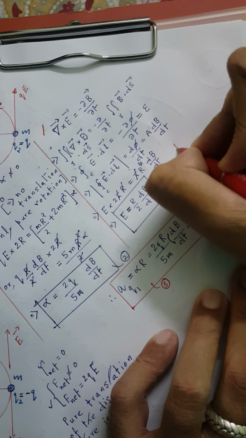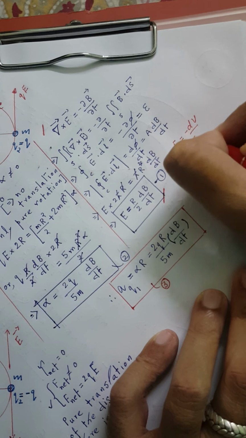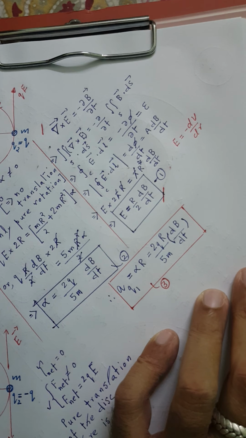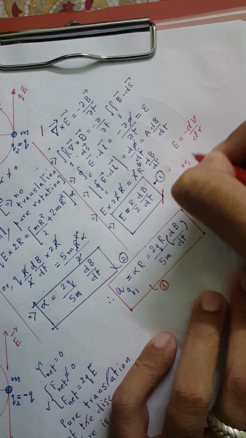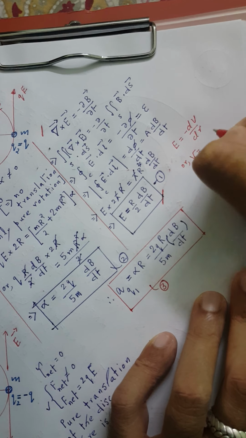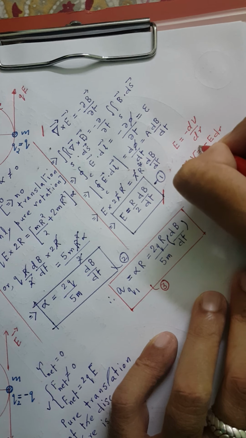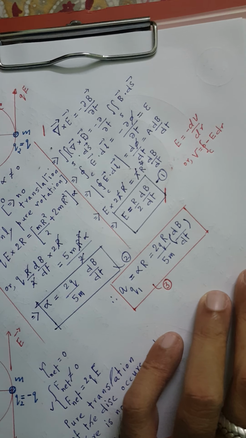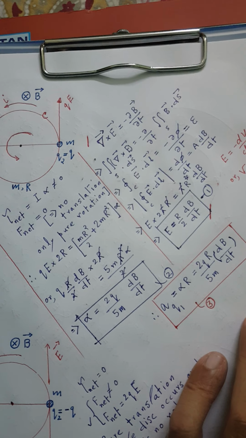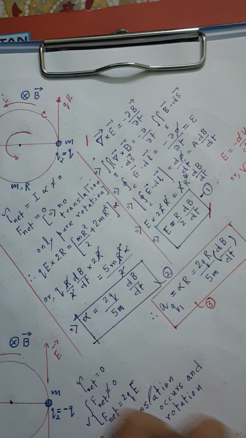Electric field is equal to minus dV/dr, so V is equal to minus E dr, and we take the line integral, where the infinitesimal length of the path is dl. So that's why the line integral E dot dl, and we got E equals r by 2 dB/dt.